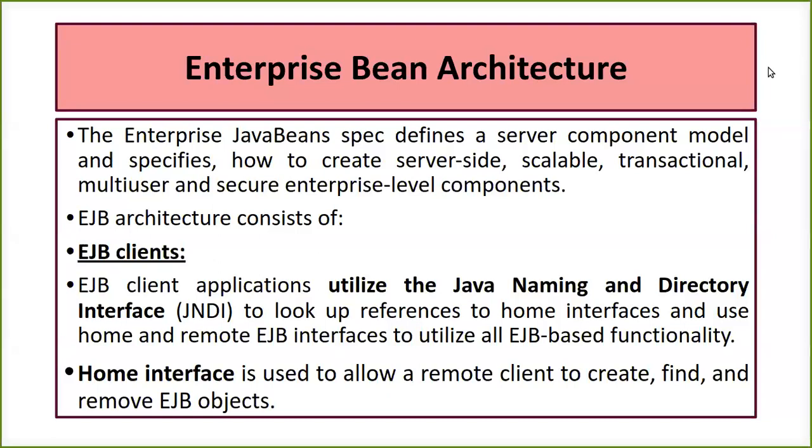The EJB client is going to be an application responsible for utilizing the Java Naming and Directory Interface, that is JNDI. Why are we using JNDI? In one of the chapters I explained to you, it is like an API present inside Java, and it gives you an option to have a kind of dictionary where you can find some meaning, or you can make your client application use this directory to identify something from your EJB based application.